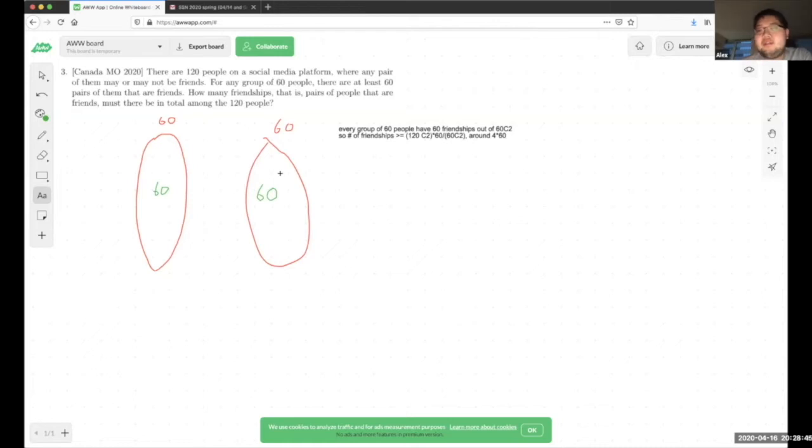This seems not to work because it's hard to control the number of friendships. The other is to consider a group of 120 people that satisfy the conditions, and then in those, consider a group of 60 that has the minimal number of friendships. So I'm going to erase this thing here, and I'm going to mark this red 60 here.